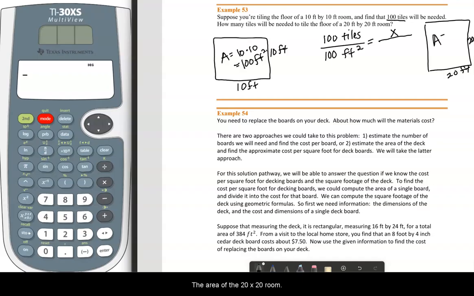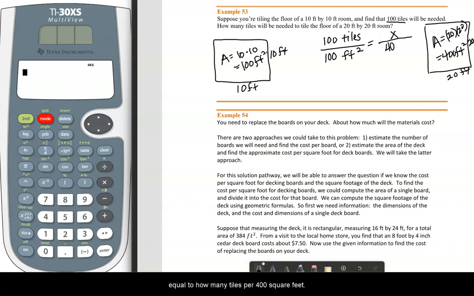The area of the 20 times 20 room is 400 square feet. So the area of this room is 4 times the size, the floor area of this room, in other words, is 4 times the size of the floor area of the first room. So that's why we're comparing tiles to square feet. We're going to have 100 tiles per 100 square feet is equal to how many tiles per 400 square feet.